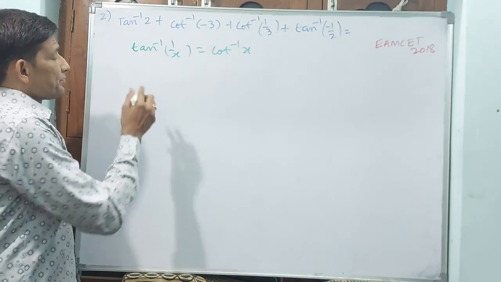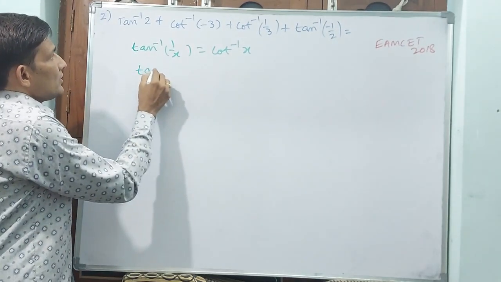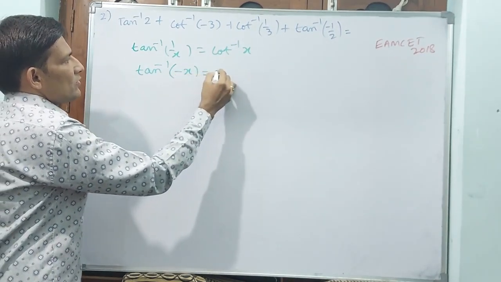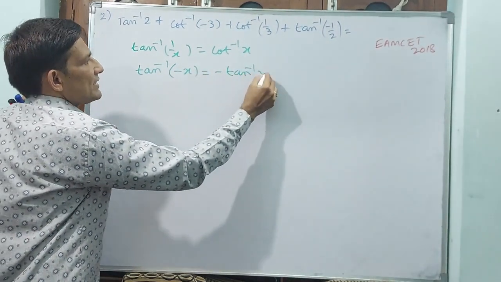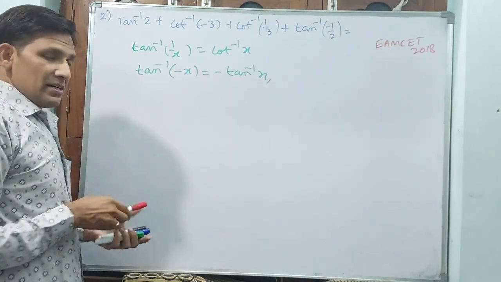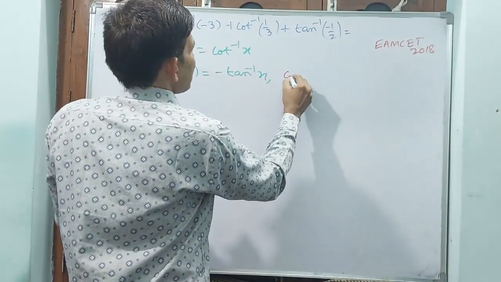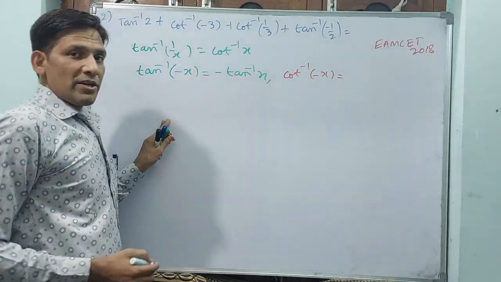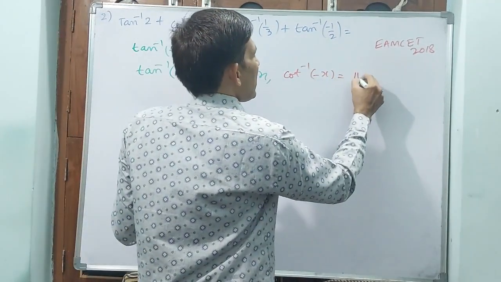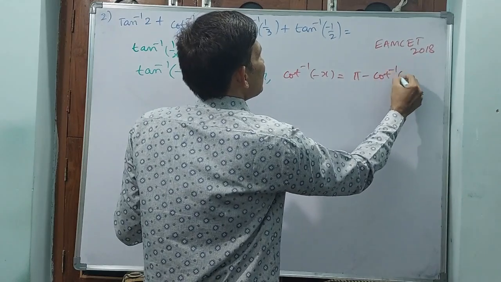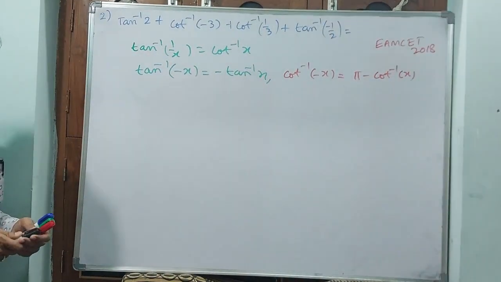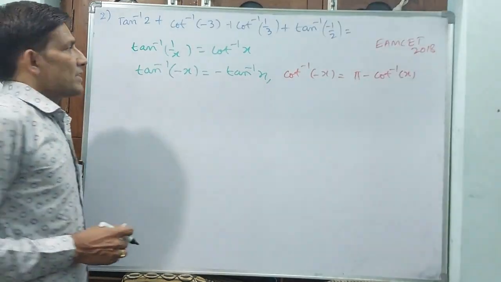Another thing: tan inverse of minus x is equal to minus tan inverse of x, whereas cot inverse of minus x is equal to pi minus cot inverse x. Let us try to solve this.